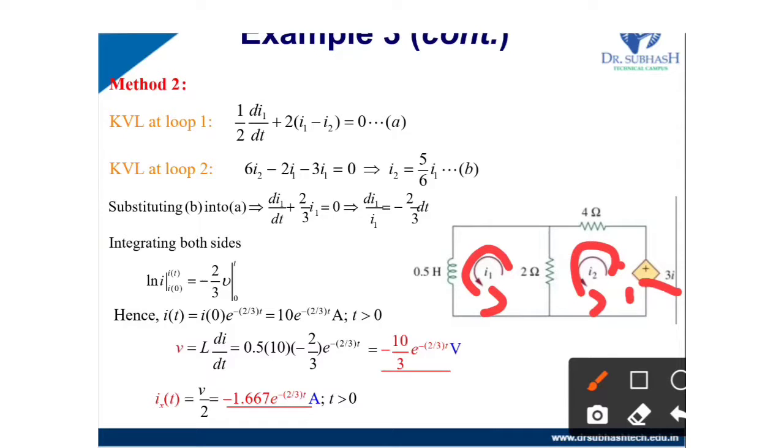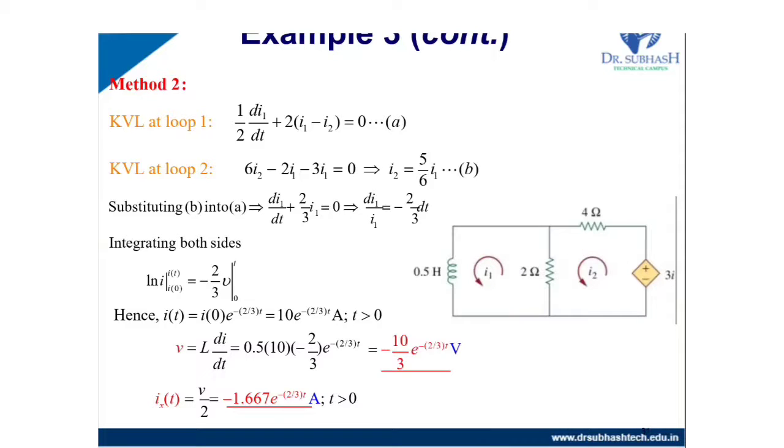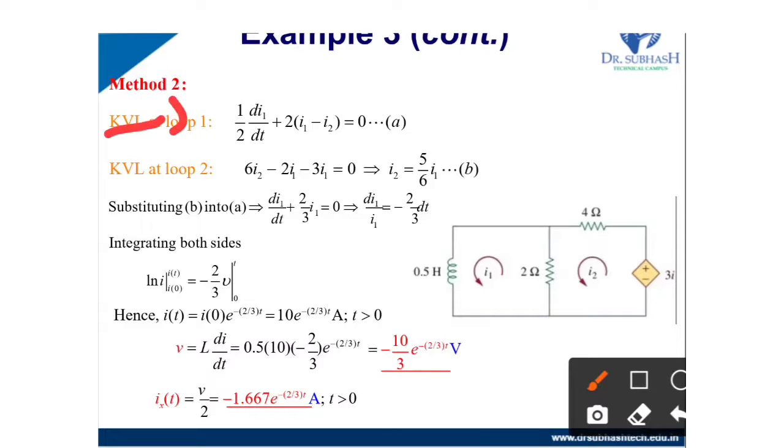By applying KVL in both loops, first we apply KVL. So the voltage of the inductor, VL, equals L di by dt.